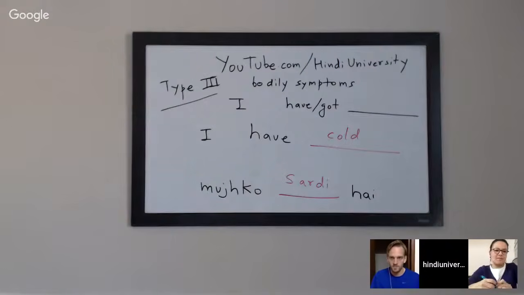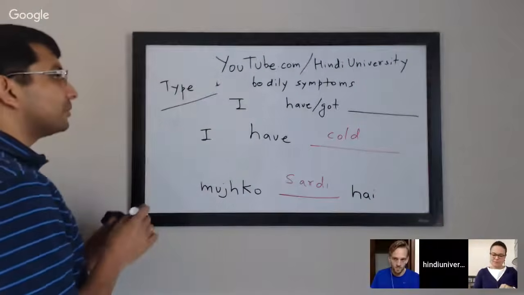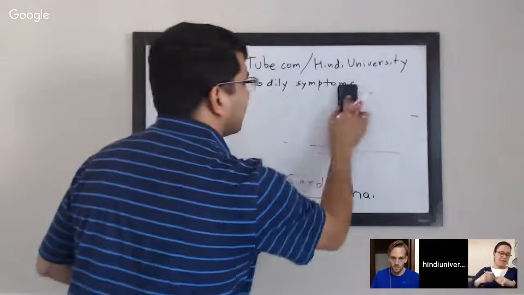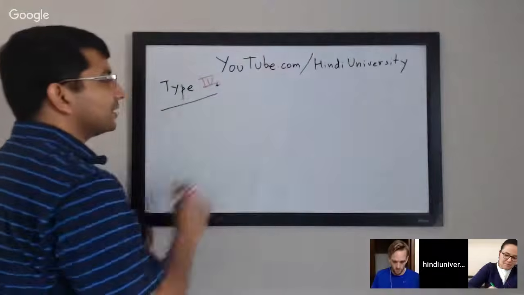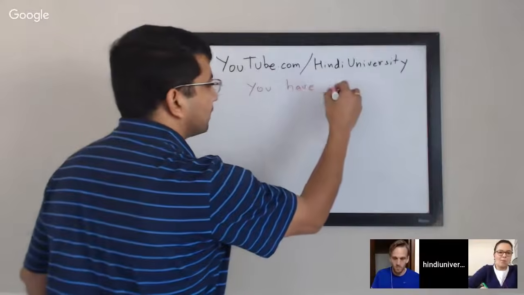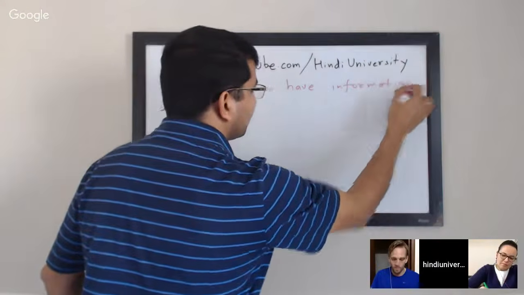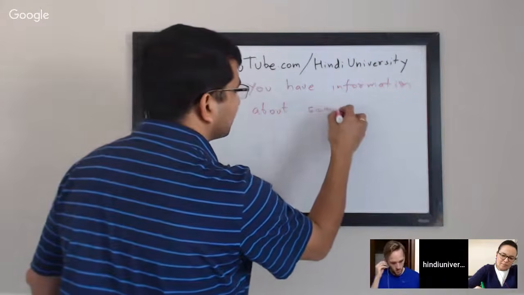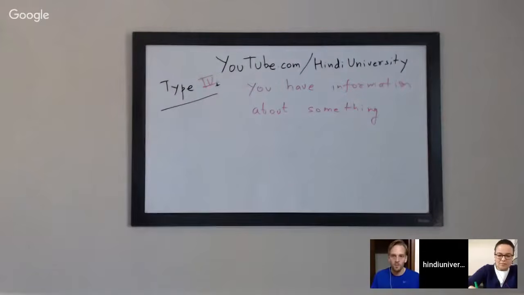Okay, we'll move on, and you will use it for when you have information about something. So that's scenario number 4, type 4. When you know something, or when you have information about something, there also you use mujhko.